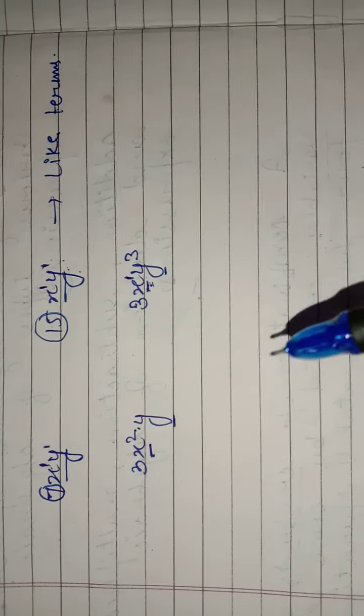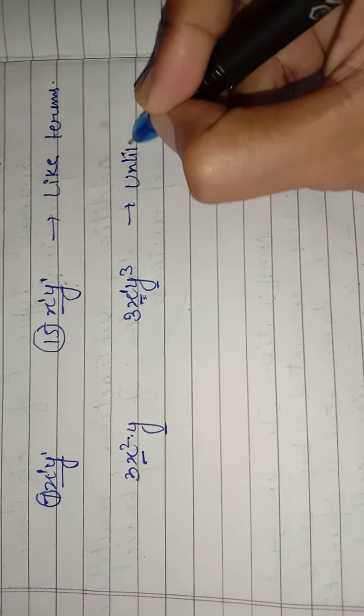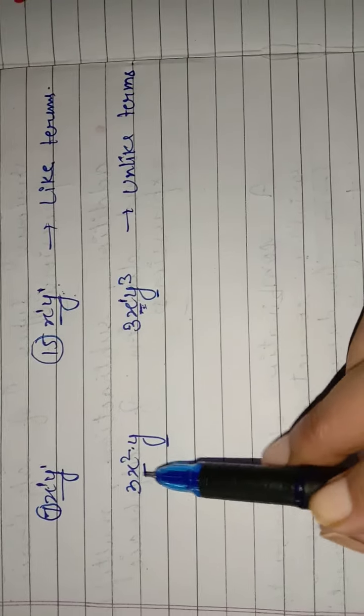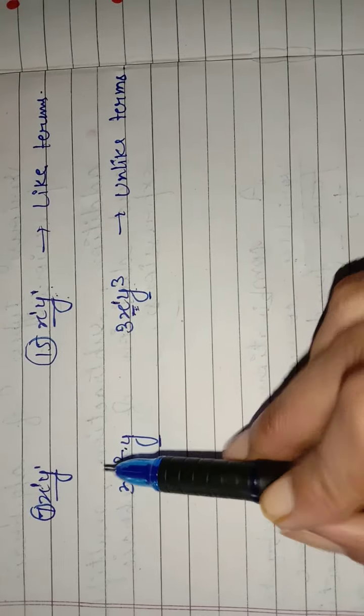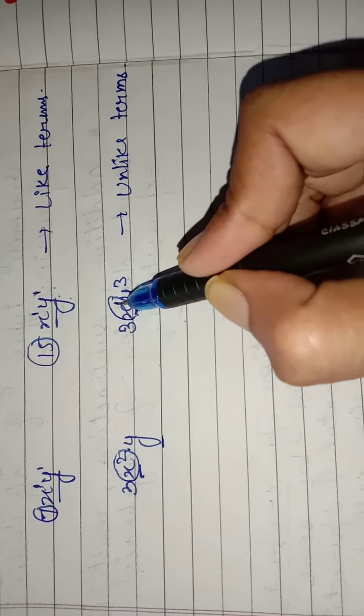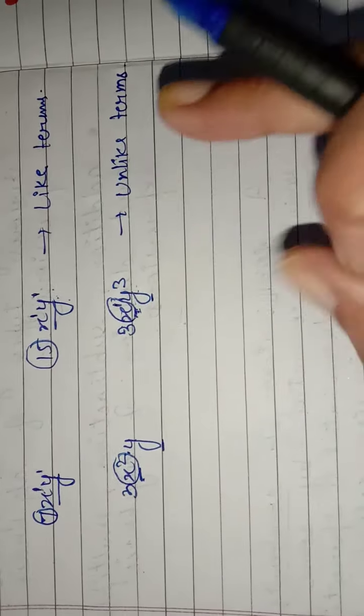Here, the variables are the same, but the powers are not the same. So these terms are unlike terms. The power of x here is 2 and the power of x here is 1, so these two terms are unlike terms.